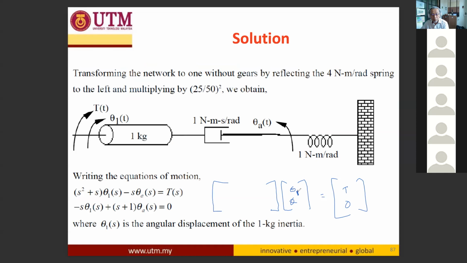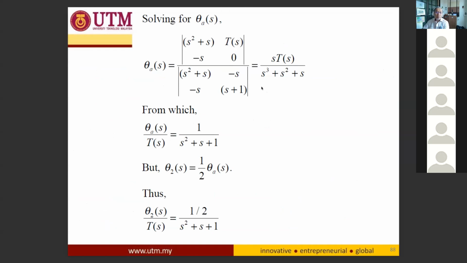Theta 1 and theta A, and this is the matrix value from the equations here. From there you apply the determinant formula for matrices, and you will get theta A over T, which is 1 over s squared plus s plus 1.